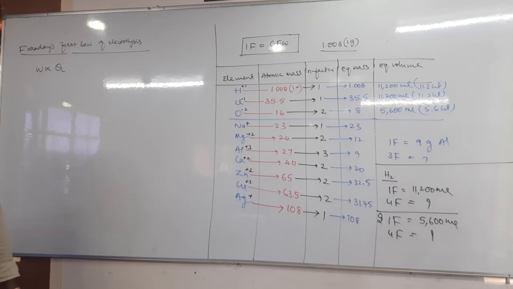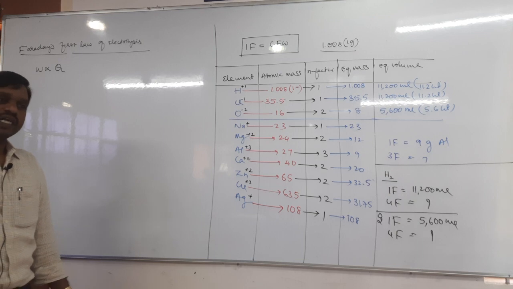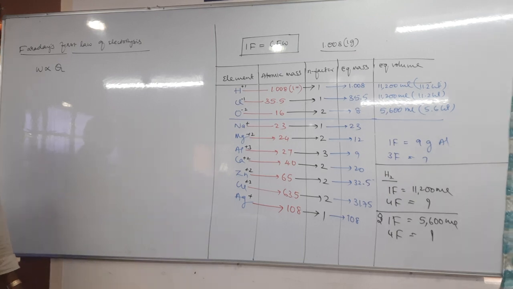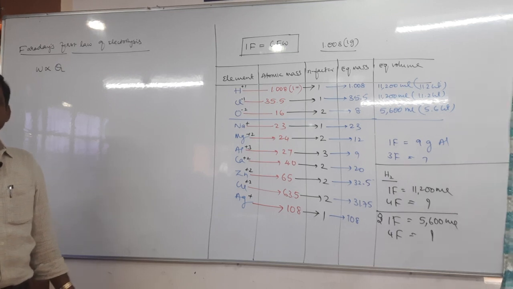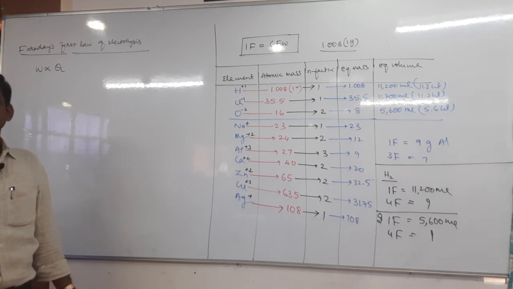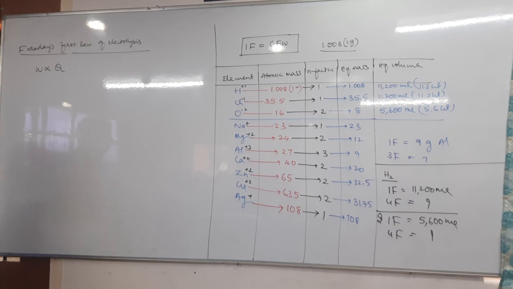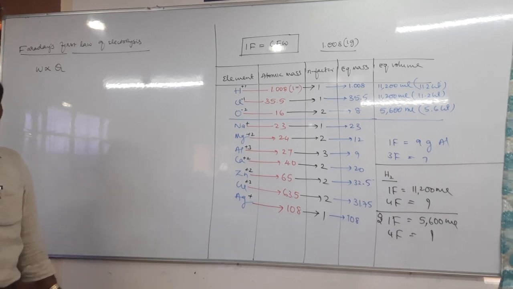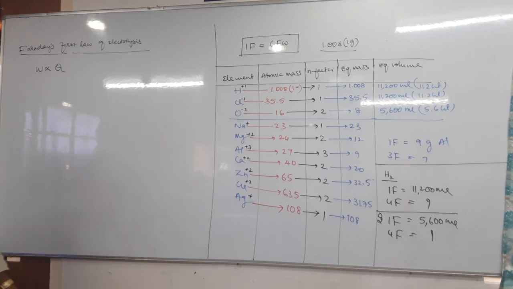Quantity of electric current passed through the electrolytic solution. Next, let W gram of substance be deposited by passing Q quantity of electric current.